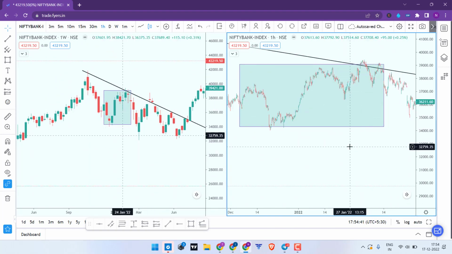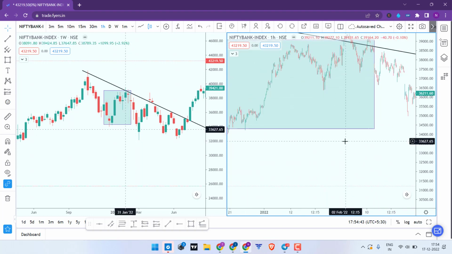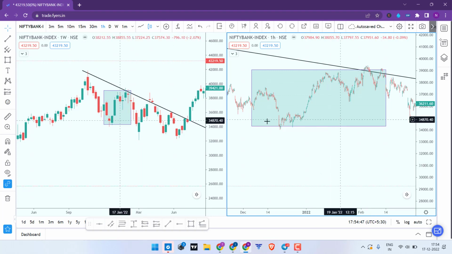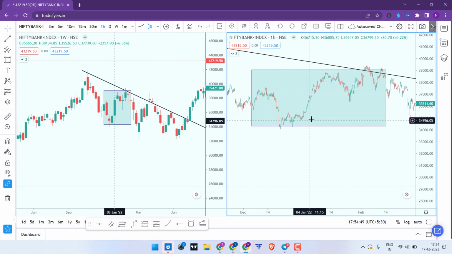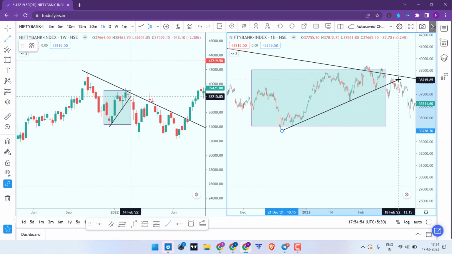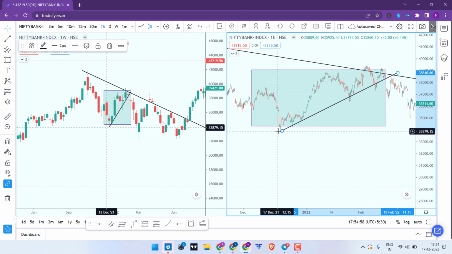Don't you feel that this particular swing, if I draw here, it will show in both, is a higher high and higher low formation? Don't you think so?